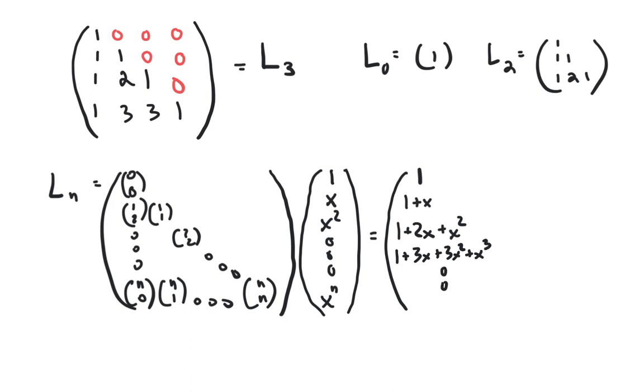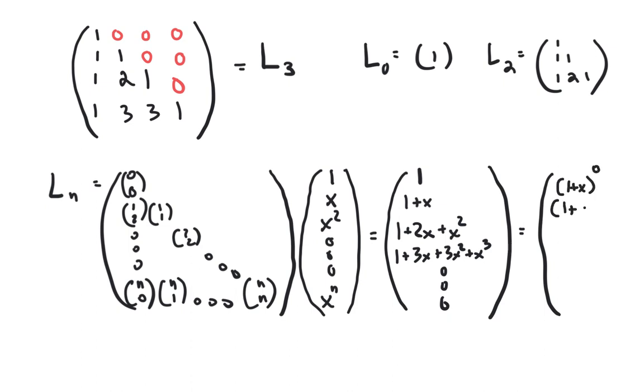And that'll keep going. You can see what's going on here. And then hopefully you notice that all this is the expansion of (1 plus x) to the n. So all of these, this is (1 plus x) to the 0.